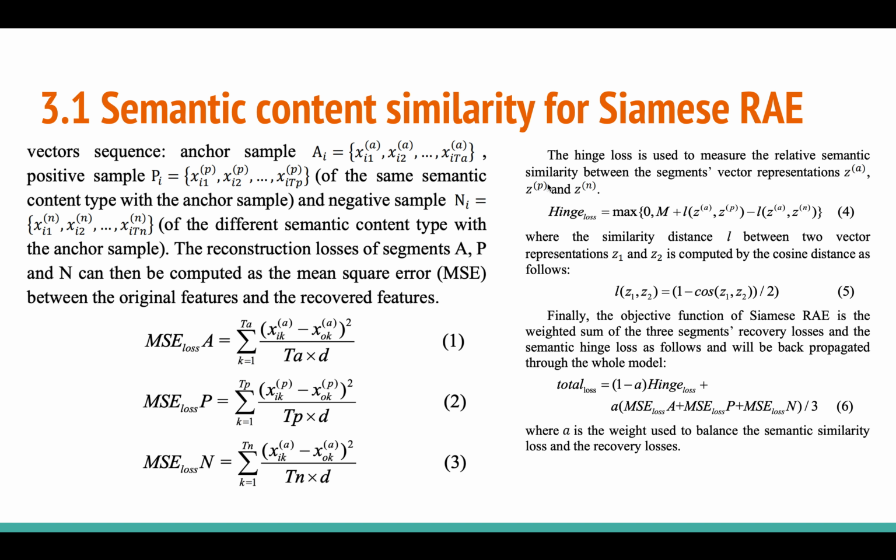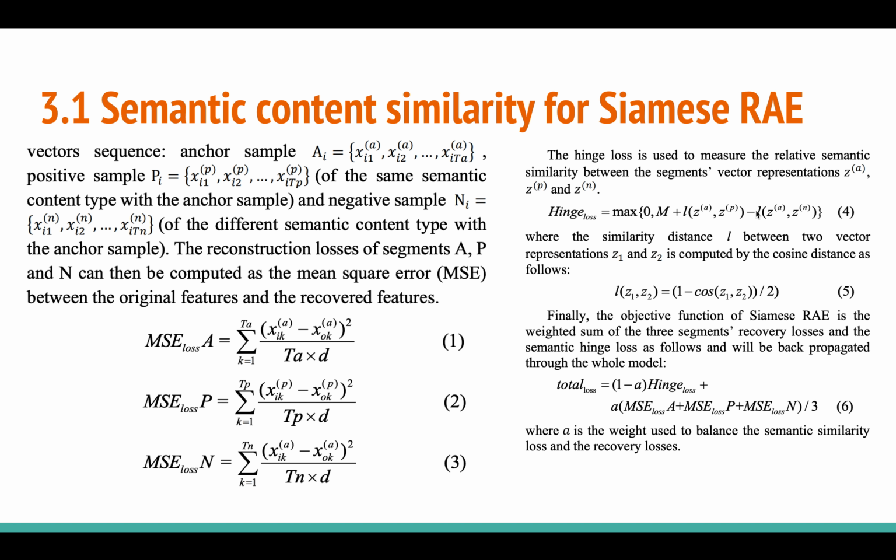So basically we are trying to minimize the difference between anchor sample and positive sample, and we are trying to push apart the anchor sample and the negative sample. The representation learned for the anchor sample is ZA, for the positive sample is ZP, and for the negative sample is ZN.